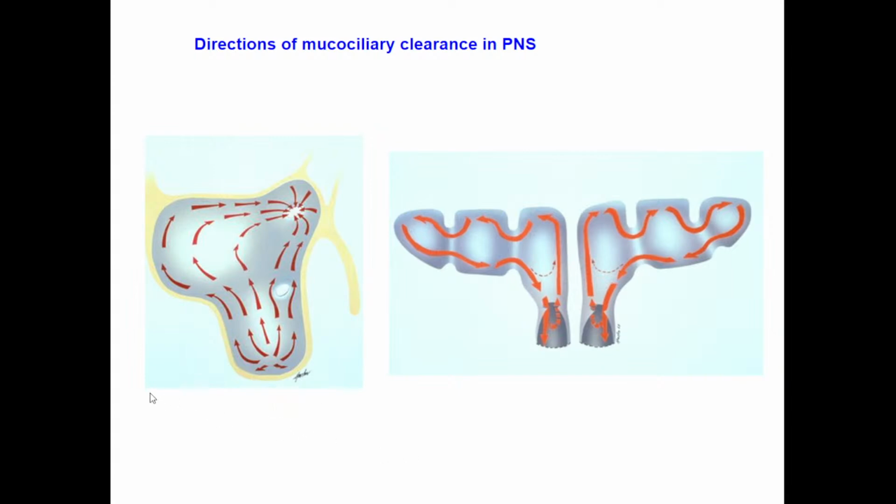As you can see, in the maxillary sinus and the frontal sinus, in each case the direction of mucociliary clearance is directed to the natural ostium.